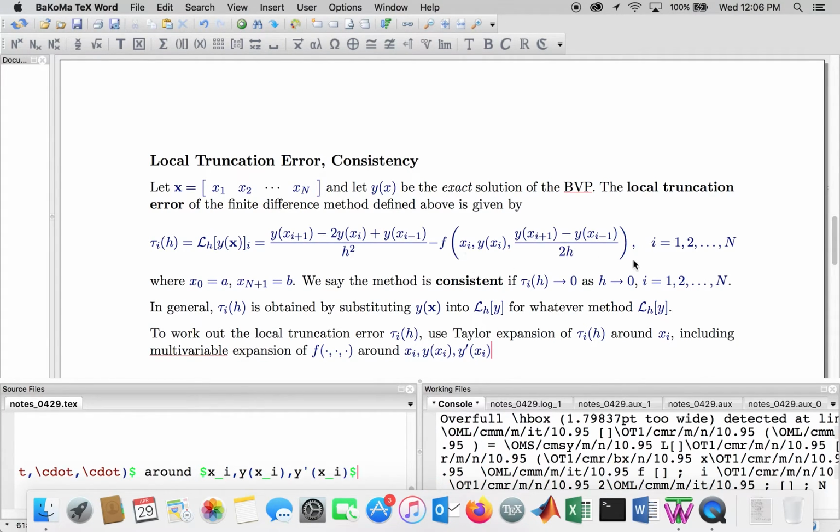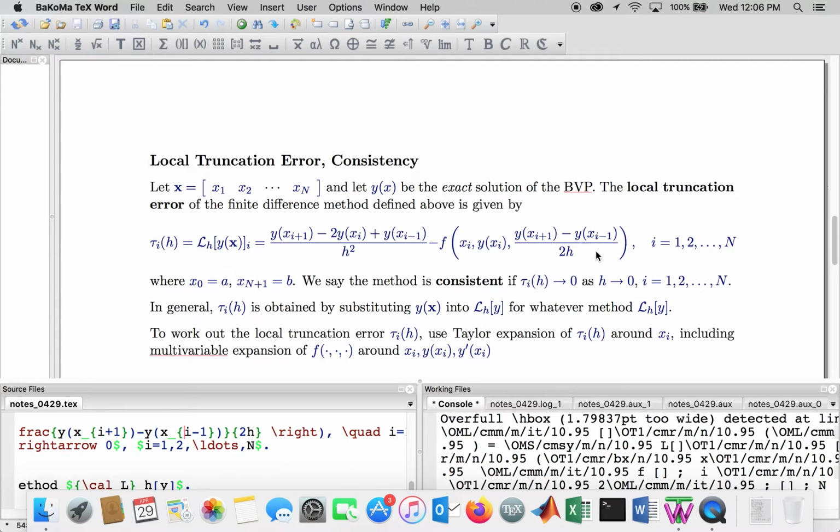So Taylor expansion of this whole thing around xi, which is a single variable expansion, would include a multivariable expansion of its evaluation of f around xi, y of xi, y prime of xi. Now, the nice thing is f is already evaluated at these two coordinates of a center, so that simplifies things greatly. But you want to expand it around y prime, so that's where partial derivatives of f will come into play, as well as the error in this finite difference formula.